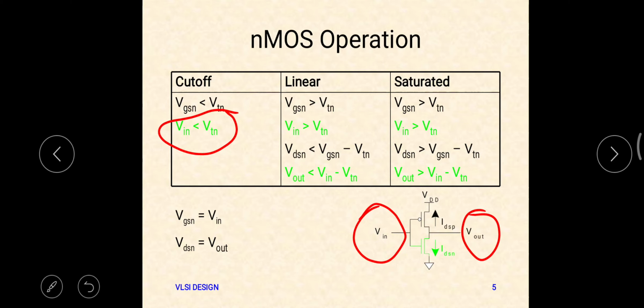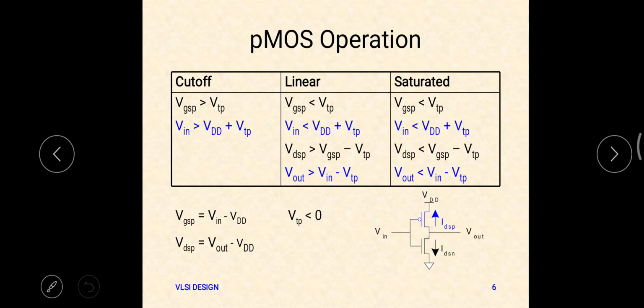The next one is the PMOS operation, which is the reverse case of your NMOS. Here VGSP should be greater than VTP. VTP represents the threshold of the PMOS transistor. Similarly, these two points are once again very important. There I considered VGSN equal to Vin, but here VGSP is the voltage difference between input and the power supply, so Vin minus VDD.